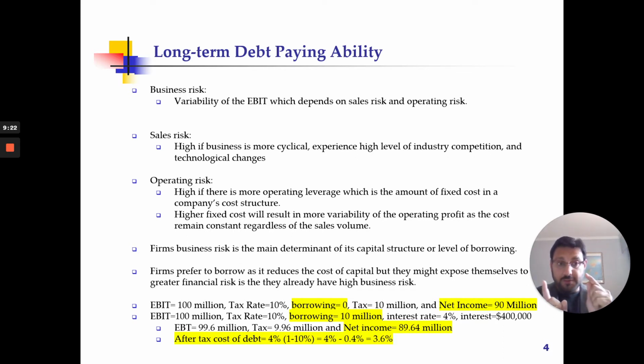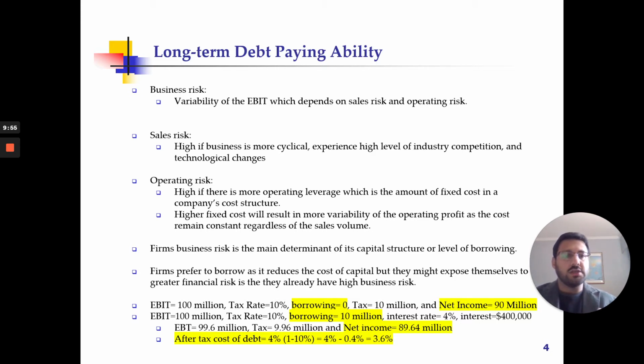But you see that tax has been reduced by 40,000. It's actually 0.04 million, converted into thousands, that will give you 40,000. So in other words, the government is saying that 10%, which is the tax rate, of your interest, which is 4%, so 10% of 4% is 0.4%, they will basically fund.